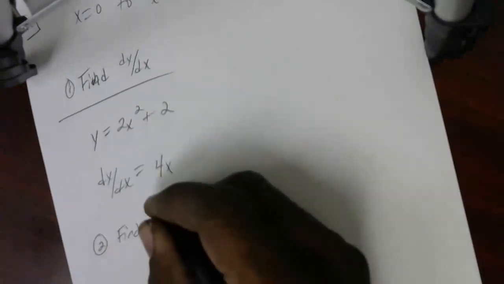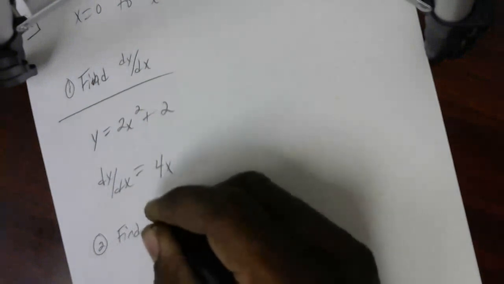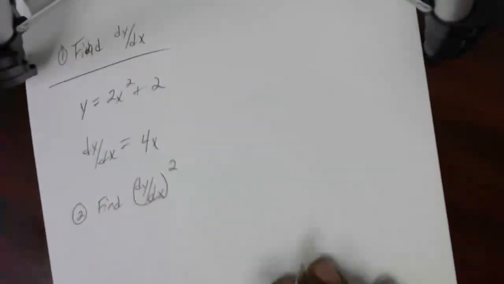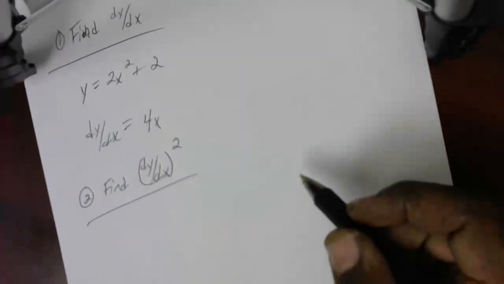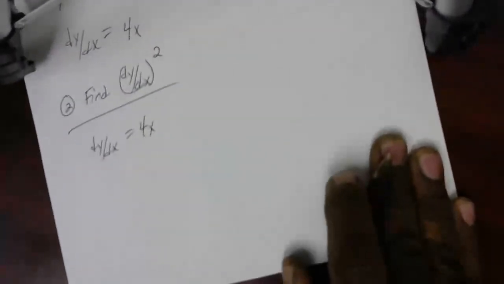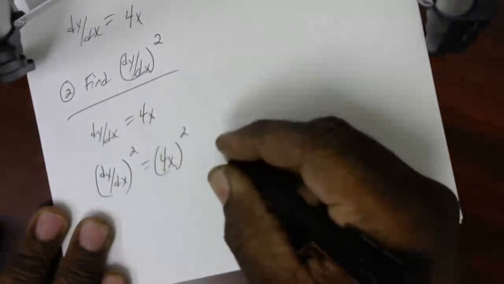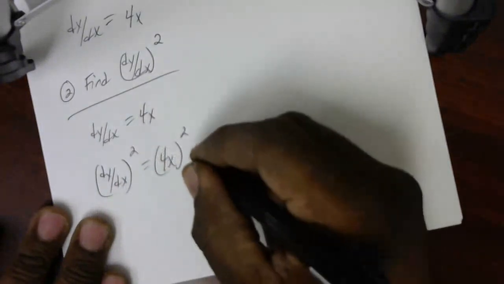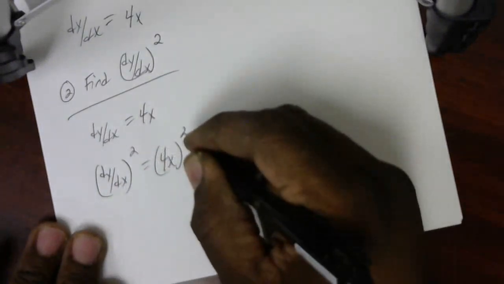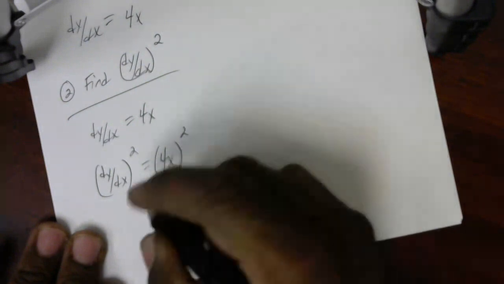Next, we'll find (dy/dx) quantity squared. dy/dx is equal to 4x, so (dy/dx) squared is (4x) squared, which is 16x squared.